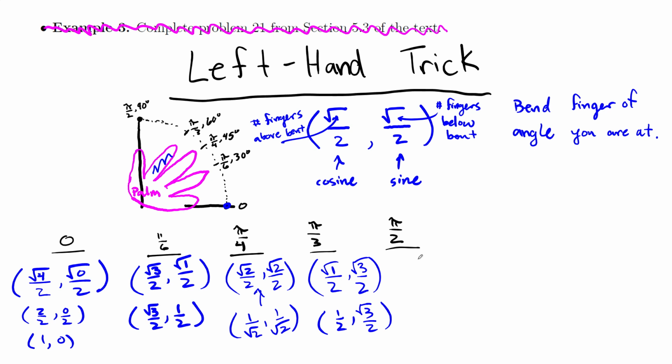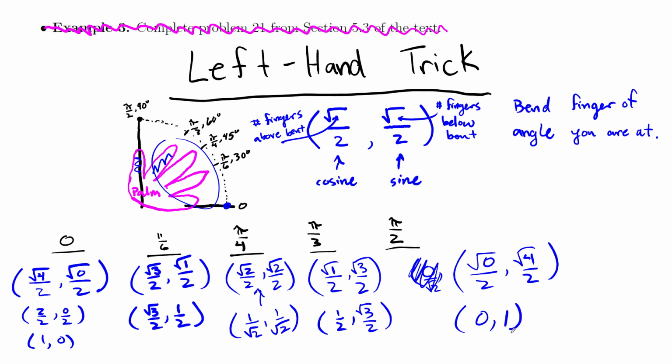And then finally, if I'm bending this one instead, then I've got 0 above and all 4 of these below. So 0 over root 2, sorry, hold on. Square root of 0 over 2, square root of 4 over 2, which is going to be 0, 1.